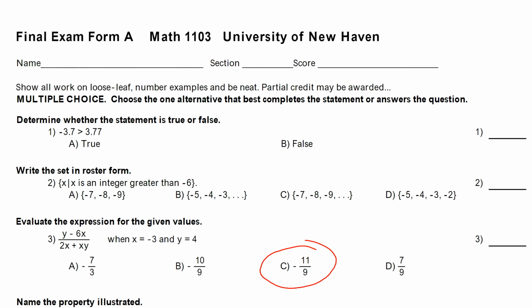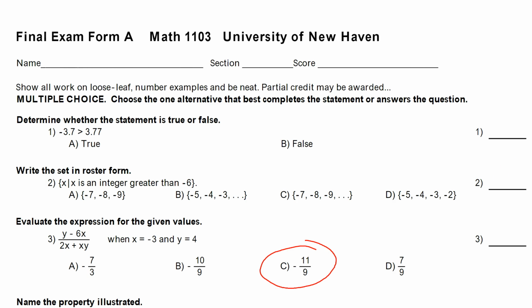Now, this next one is not one that we featured, but we could give it a quick review here. When we have a -2, and we add its opposite to it, which is a +2, the result is 0. This is called the additive inverse property.